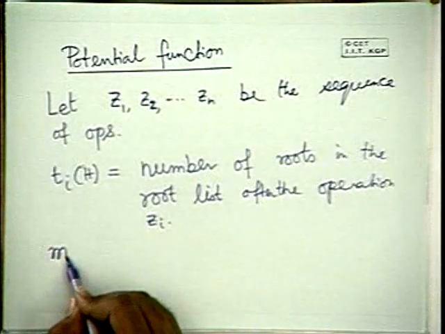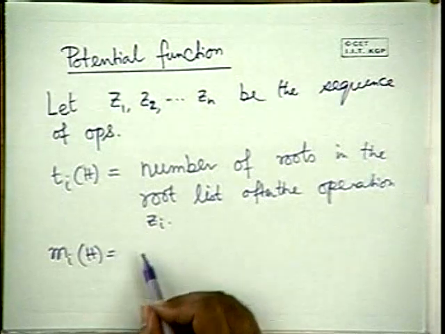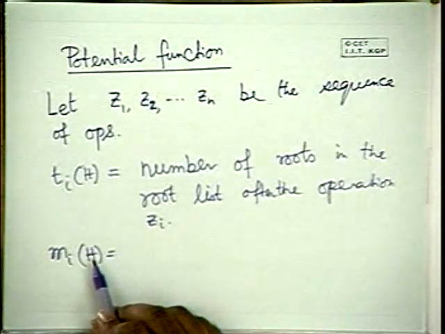There is another quantity, Mi of H. I cannot tell much about this one now because this will come into picture towards the later part of this explanation of this data structure. But for the time being, assume some of the nodes are marked, as I told you earlier also. Some of the nodes of the Fibonacci heap are marked.